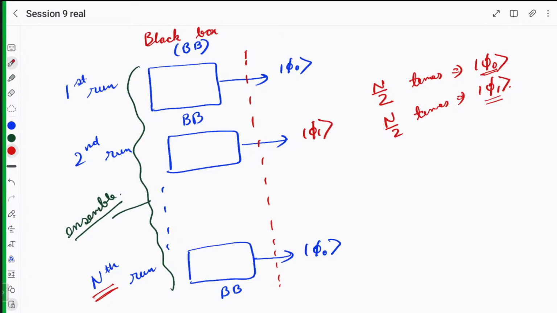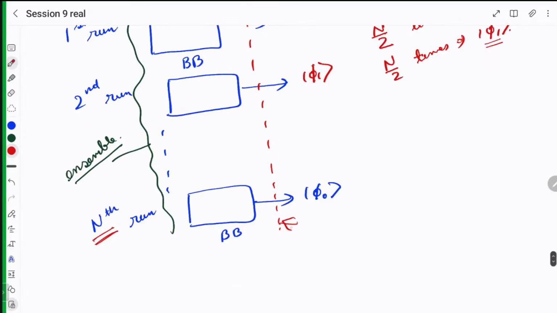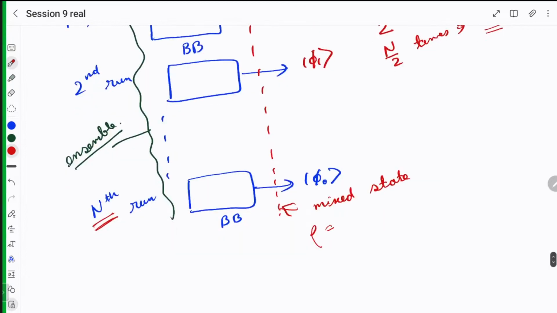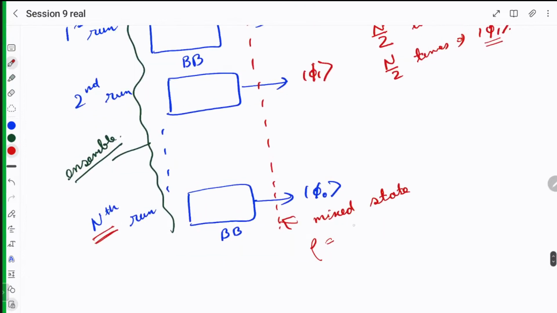So the state of the system here, I will say, is a mixed state, and I will describe it by a density matrix, which is rho. Basically, half of the times it is in rho of ket phi naught, and half of the times it is in rho of ket phi 1.